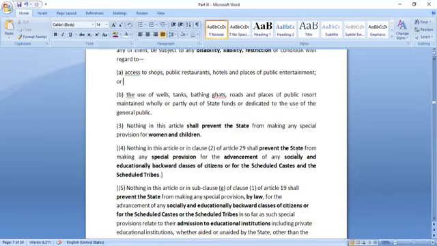And also it says that nothing in this particular article would prevent the state from making special provision for the advancement of any socially, educationally, or economically backward sections.